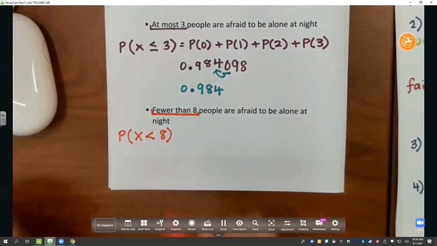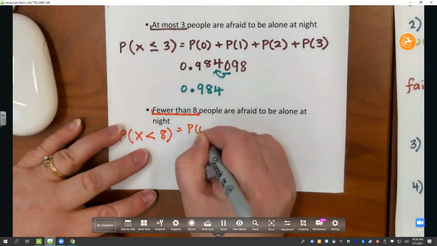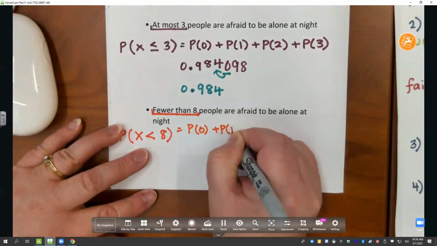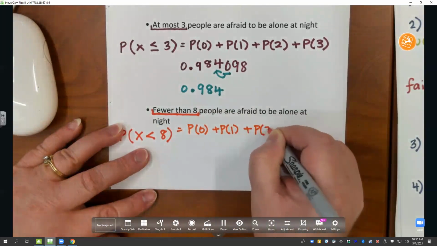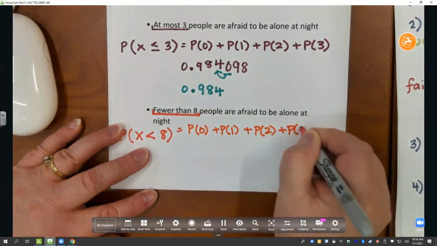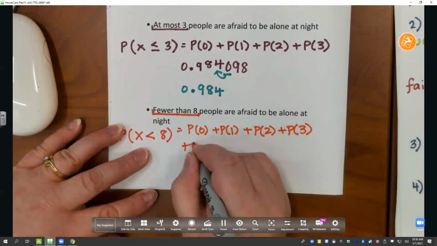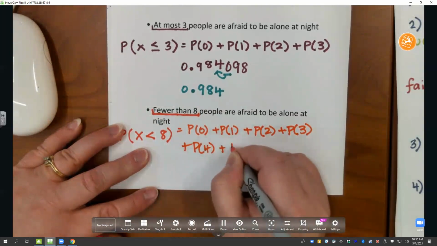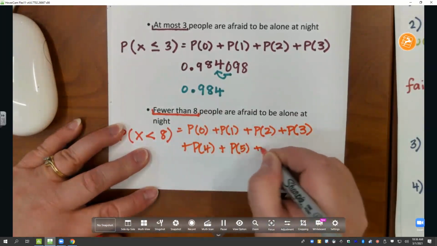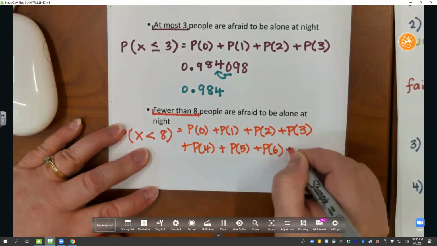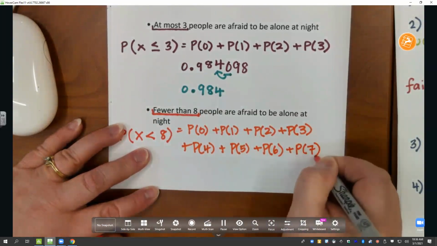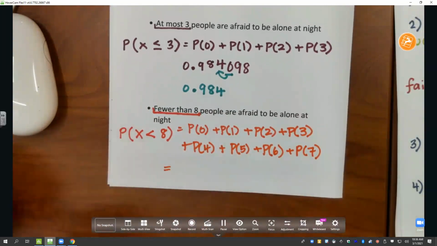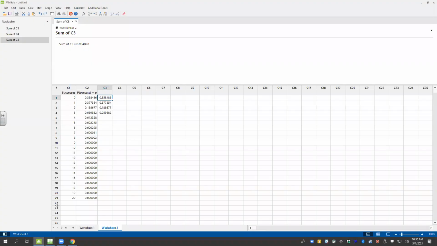So for us, that means we're going to do the probability of 0, probability of 1, probability of 2, probability of 3, 4, 5, 6, and 7. We do not include the 8. So again, I'm going to let Minitab do the work. I need 0 up to 7.